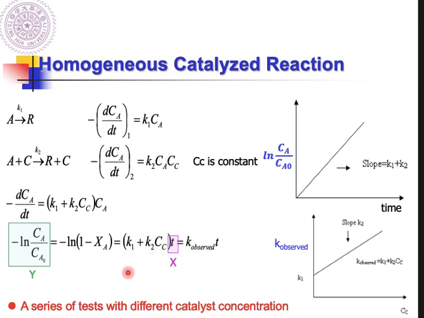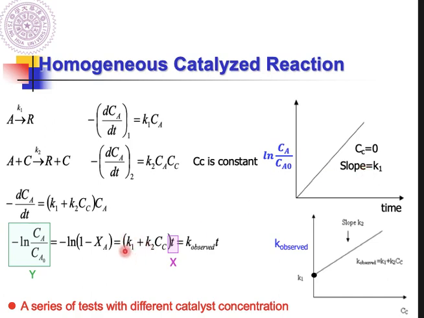But the purpose here is that I want to know K1 and K2. So the idea would be, how about if I don't add the catalyst and I measure CA at different time points, probably three or four time points. After fitting, I get this slope. This slope is K1.